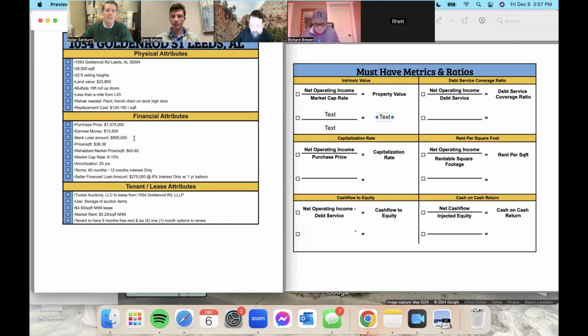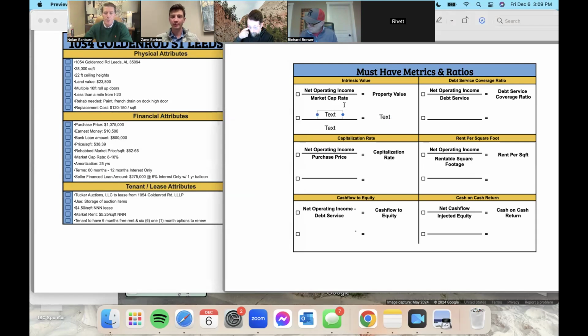Without me telling you what the net operating income is, how do we discover our NOI based upon the square footage and the rent per foot? He's renting it right now, and we know the rent per foot is $4.50. How do we discover the net operating income?